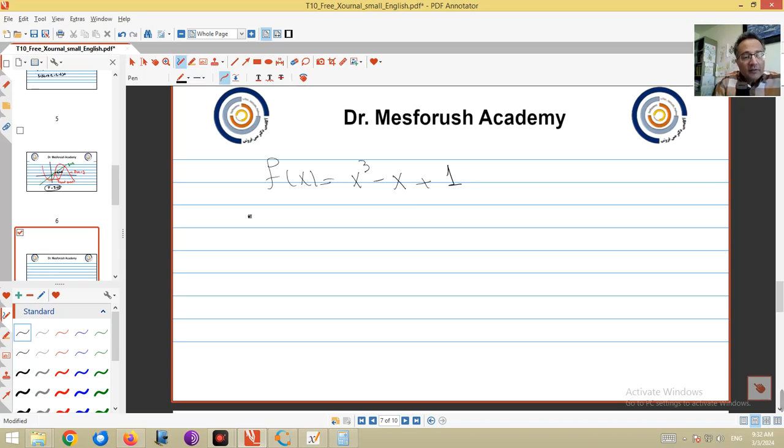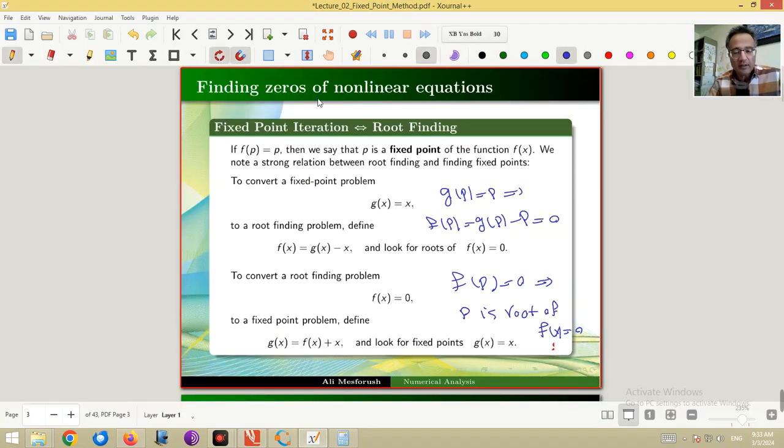If we, for example, consider g of x equal to (x plus 1) to the power of 1 over 3, and find the fixed point of g of x, in fact we find the root of f of x. This is the clue.